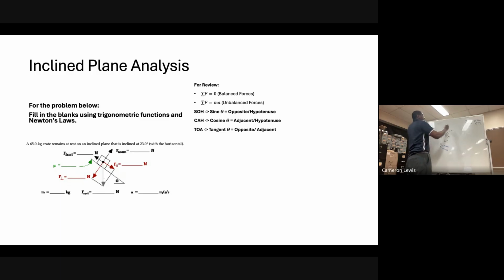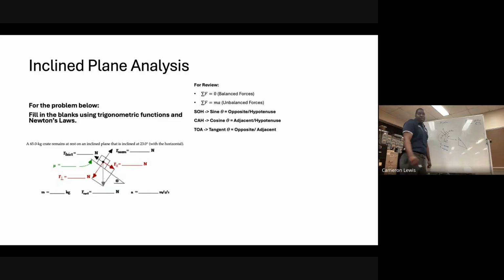We also know our frictional force is equal to mu times the normal force. Remember how I had my triangle and I was able to pull it out? Let me pull that out over here. This is 23 degrees.